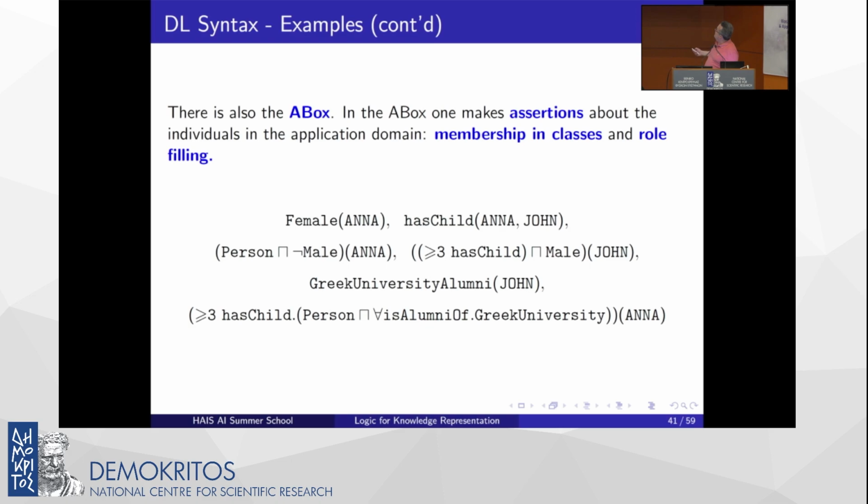John is male and has 3 or more children. John is a Greek university alumni. Anna has 3 or more children who are persons and all the universities they have finished are Greek universities.